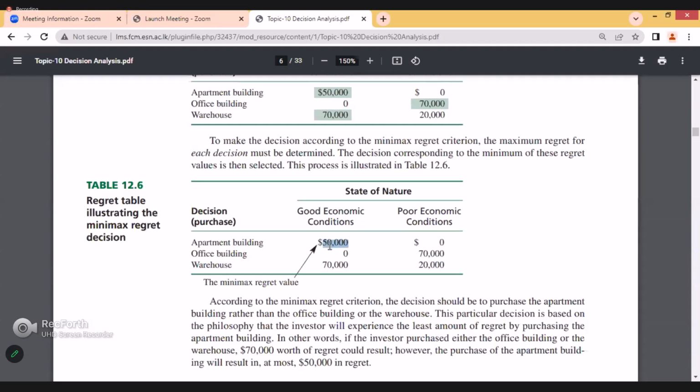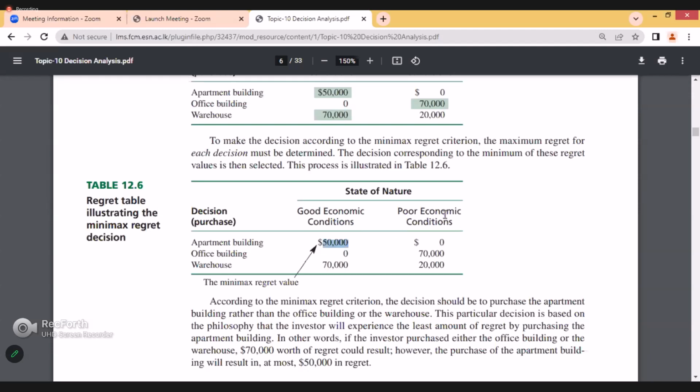Be careful with this. After preparing the regret table, we have to consider that in both there are three situations, states of nature. We have to consider the minimum. So you see 70, 0, 50, 0, 70. Out of this the minimum is 50 under the good economic condition.